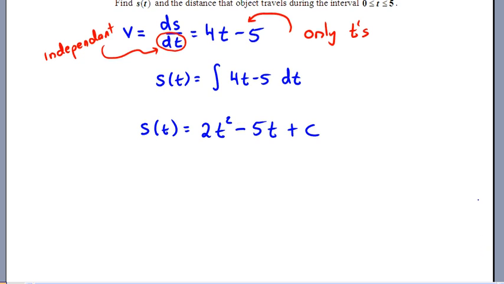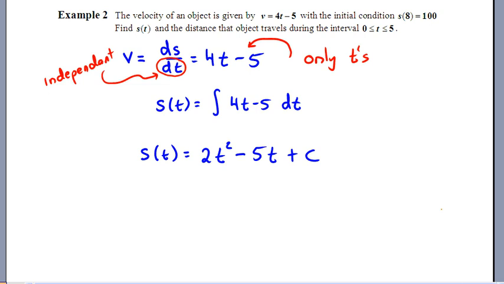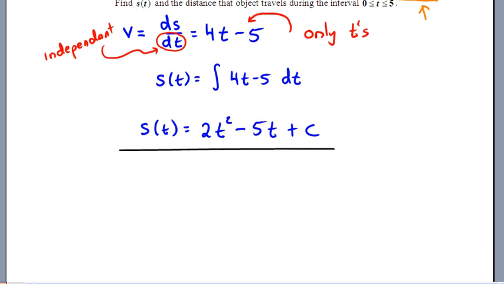But then they gave me some information. They said that the position at time 8 has to be 100. So I'm going to use that info right now, that boundary value. I'm going to make sure that this story actually agrees with the idea that the position should be 100 when I put 8 in for t.